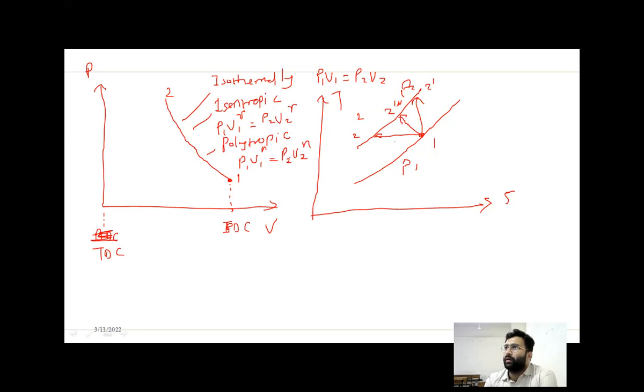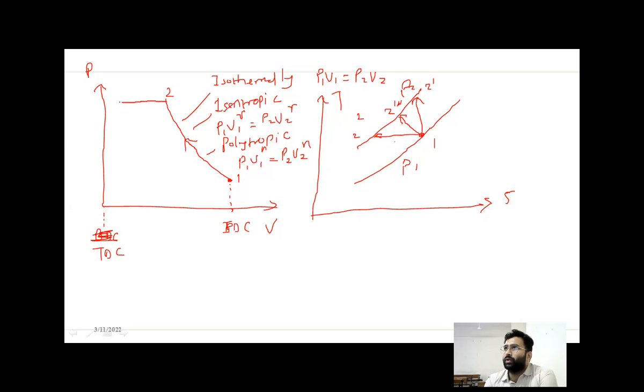So polytropic means any general process. If n is 1, it becomes an isothermal process. If n is gamma, it becomes an isentropic process. So polytropic means it can be any process. So there are 3 ways this compression can take place.